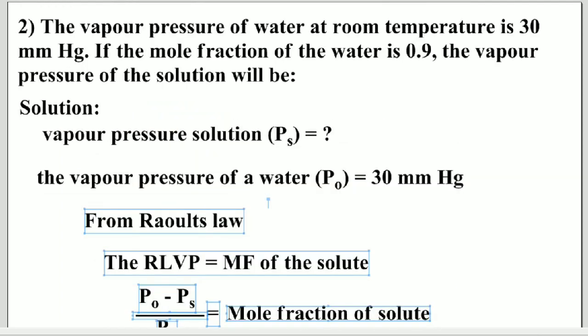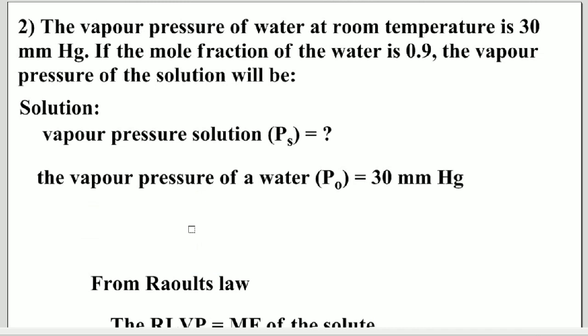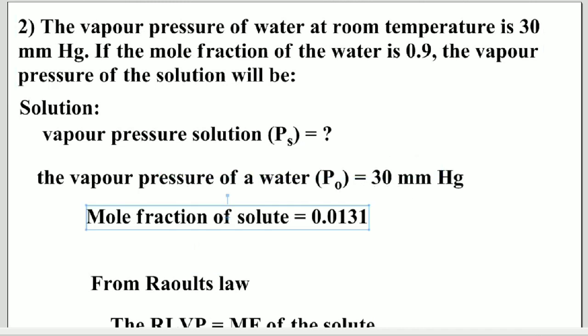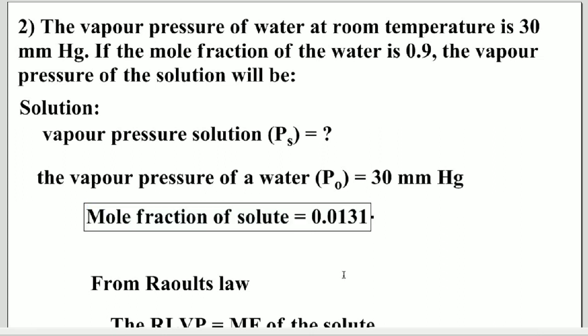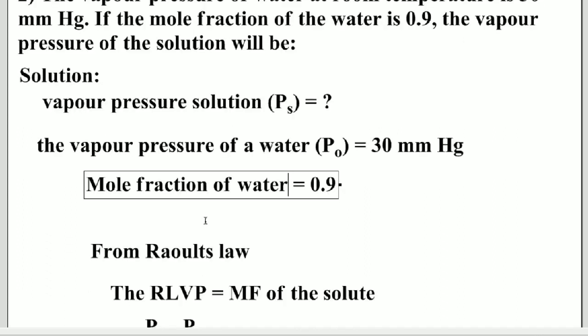Given mole fraction of solvent is equal to 0.9. This is the mole fraction of solvent, because it is the mole fraction of water. So students, in this problem the mole fraction of water is given.